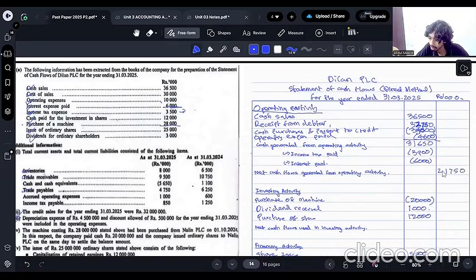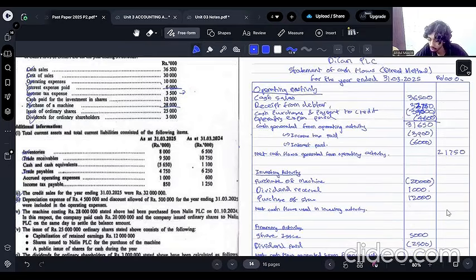Then investing activity, that's gonna be 12,000 plus 1,000 minus 20,000 minus 7,000. Our purchase of shares is minus next. Then my 1,000 minus 32,000, that is minus 31,000.